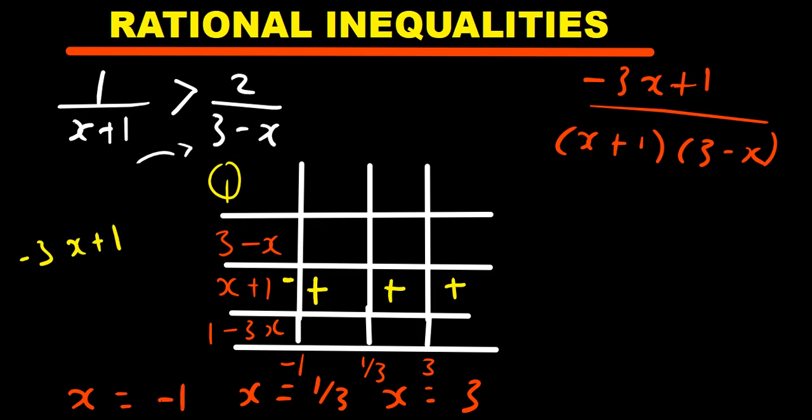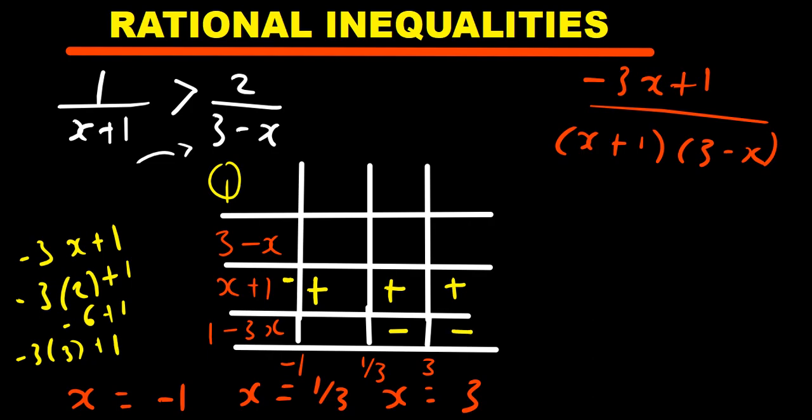If we pick a number like 2, this will give us negative 6 plus 1, which is a negative number. If we get a number greater than 3, negative 3 multiplied by 3 plus 1, this will also give us a negative number.